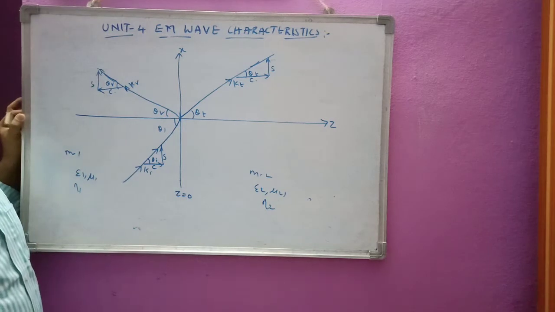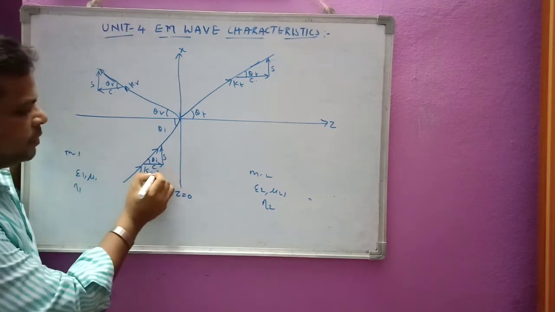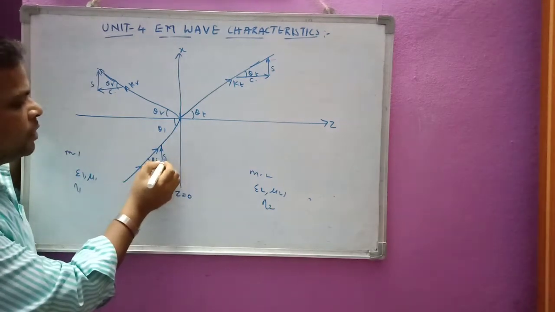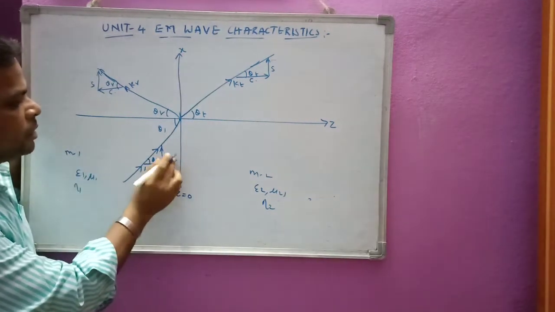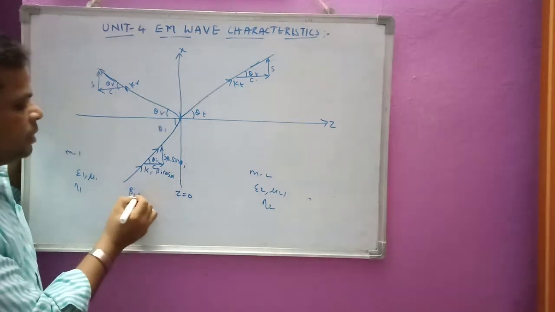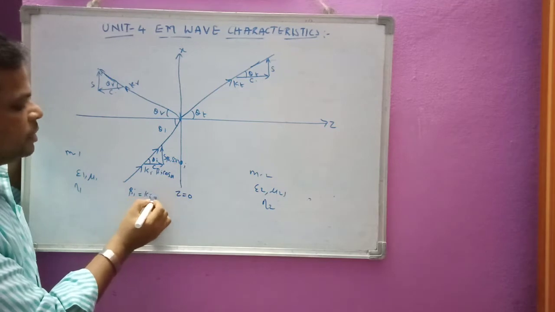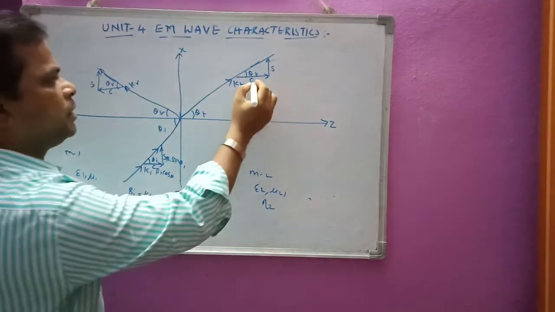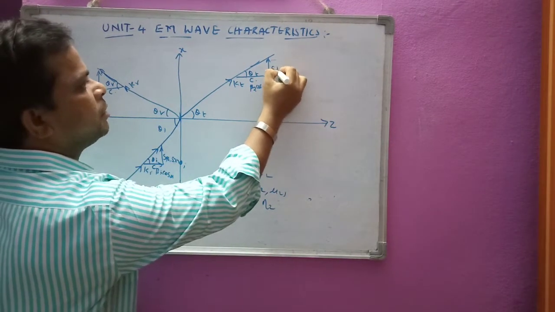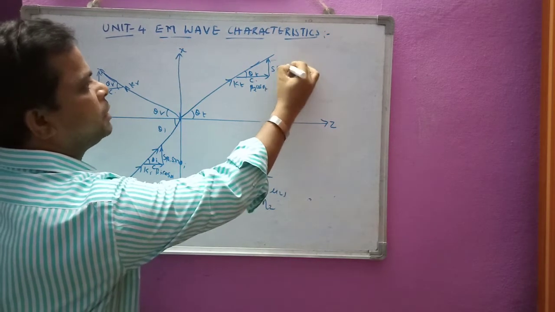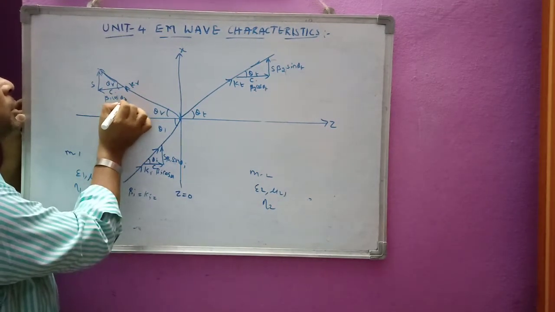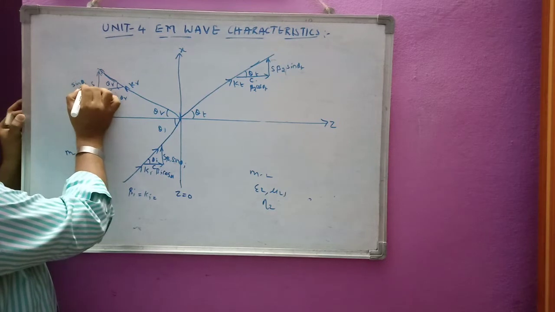So now I can write this one as beta I, incident, beta I cos theta I. Similarly for this one, beta I sin theta I. So here beta I is equal to ki, that is for incident, and similarly this is beta 2 cos theta t, and this is beta 2 sin theta t, and here also I can write beta 1 cos theta r, and this is beta 1 sin theta r.